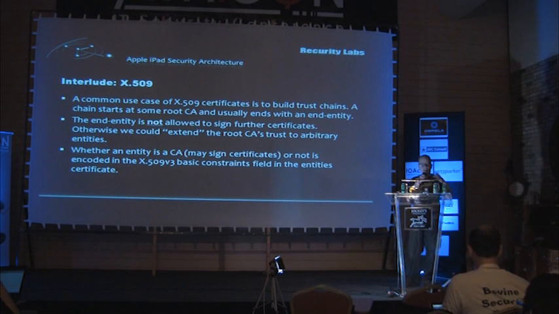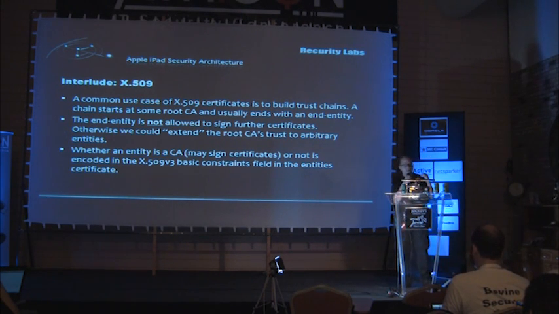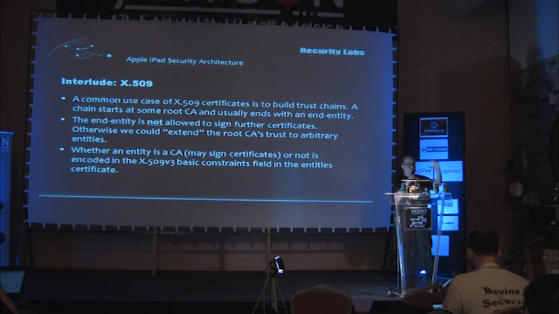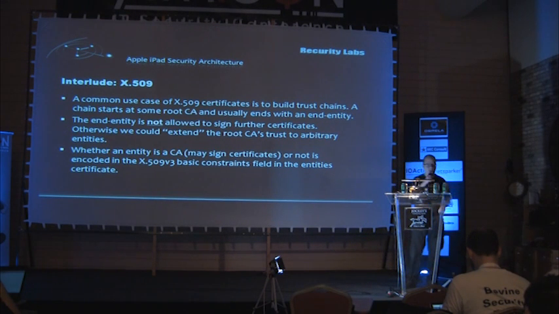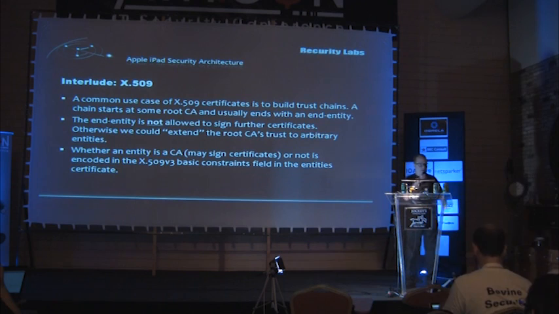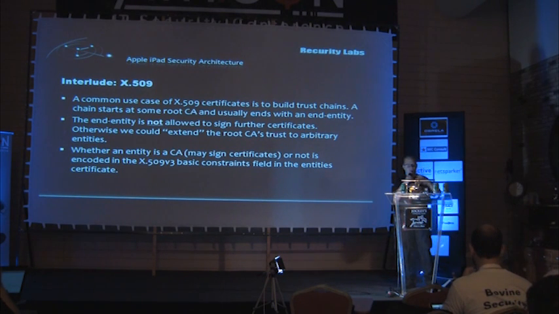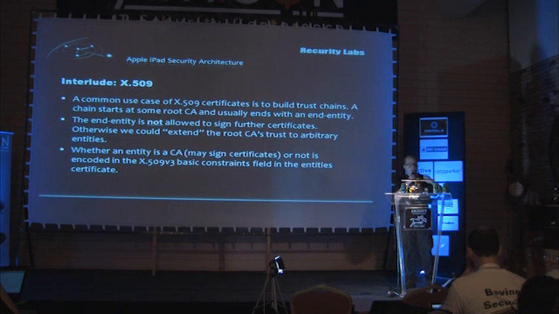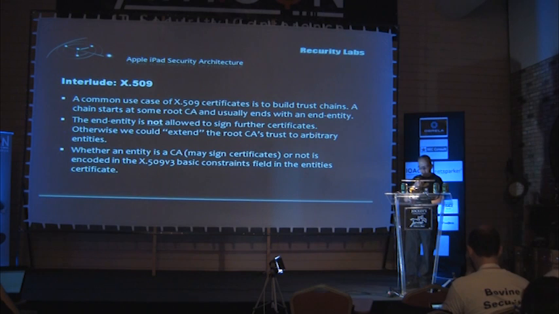A common use case of an X509 certificate is to build a trust chain, obviously. But obviously, the CA at one point wants to give you a certificate for which you have a private key, but that doesn't make you a CA, right? So essentially, the CA sets a little bit that says, this certificate I'm signing is for a CA or it's not. Now, it's really bad if you're not checking this little bit.